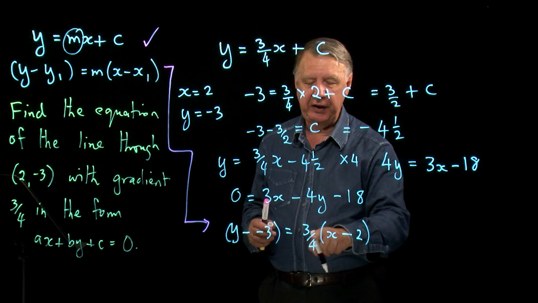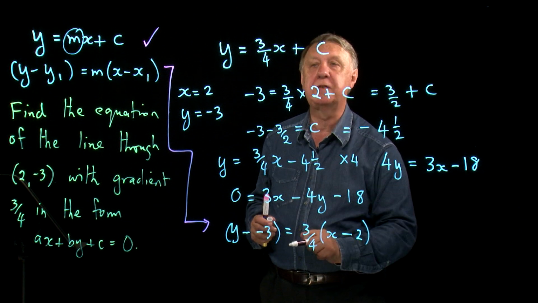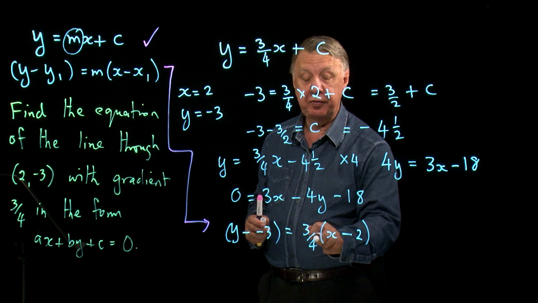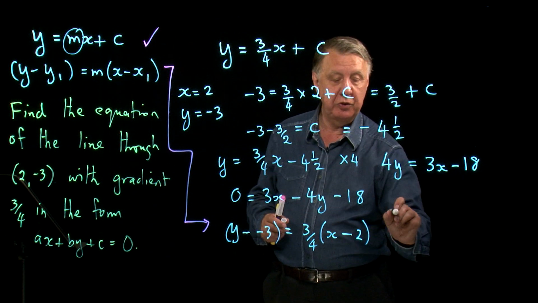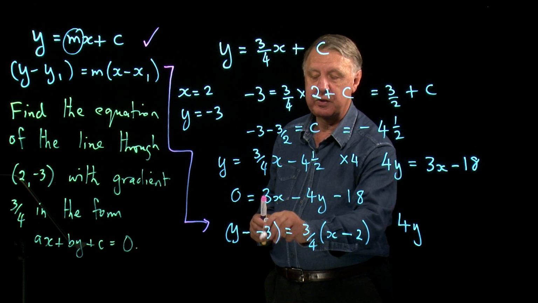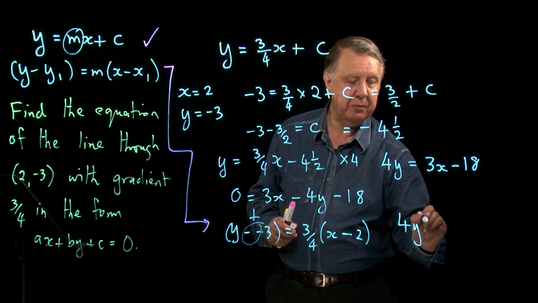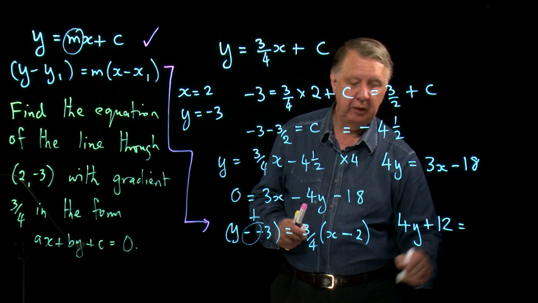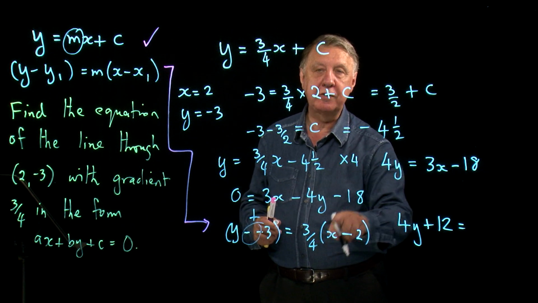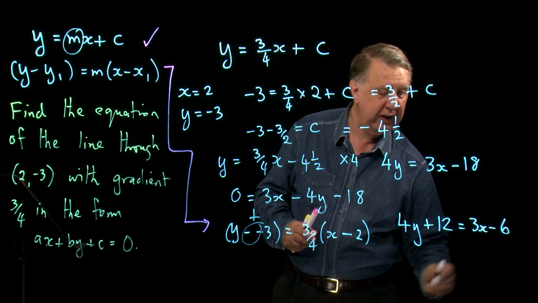Now another little trick to watch out for is that some people like to expand the brackets first. It's much easier to get rid of this denominator here. So we do 4 times that side, which is 4y. Now take away negative 3 will be plus 3, so this becomes plus 3. 4 times plus 3 is plus 12. And then on this side, remember there's still a 3 here. 3 outside this bracket will give us 3x, take away 6.